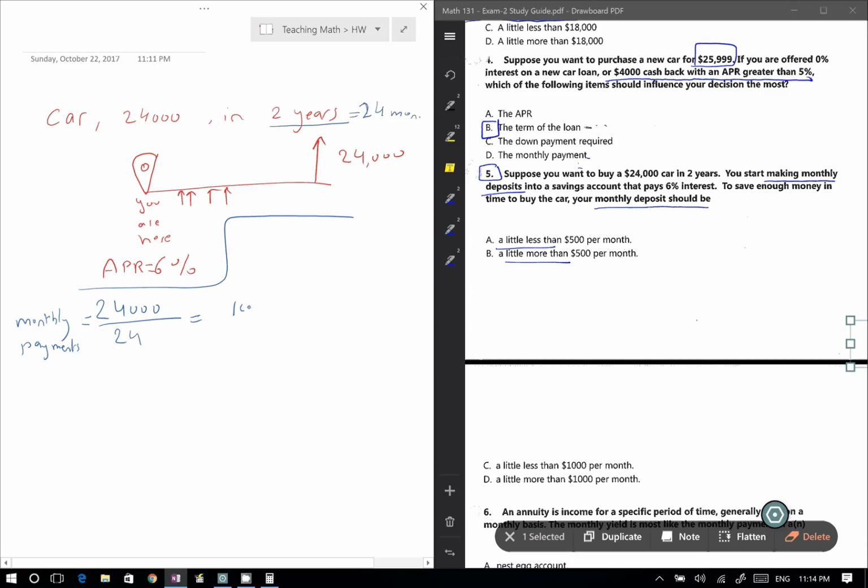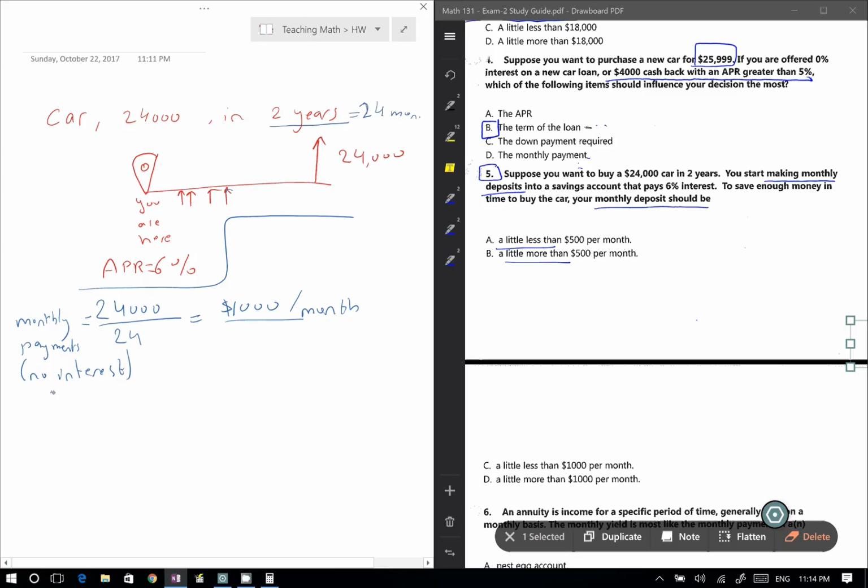That's $1,000 per month. This is no interest. Now, interest will help me, right? So if I have interest, I don't have to pay $1,000 per month. Probably I have to pay $999 per month. I don't know, but the interest will help me.